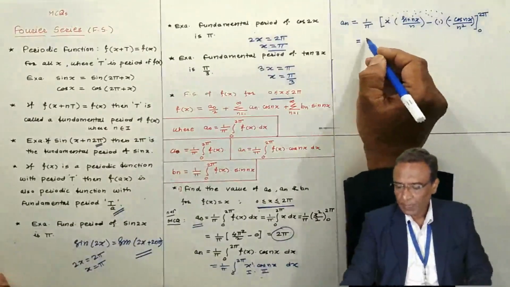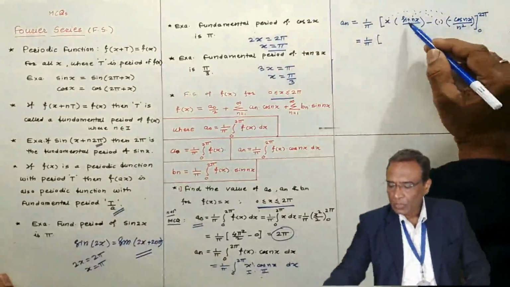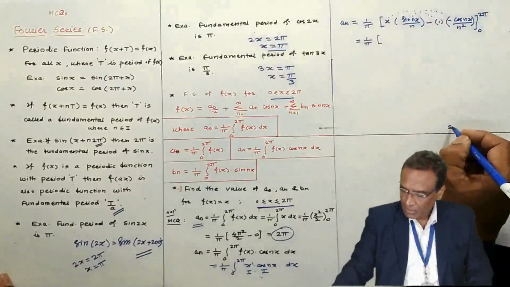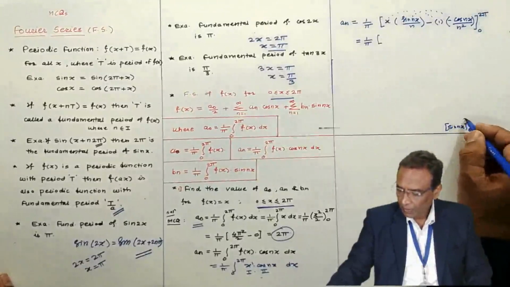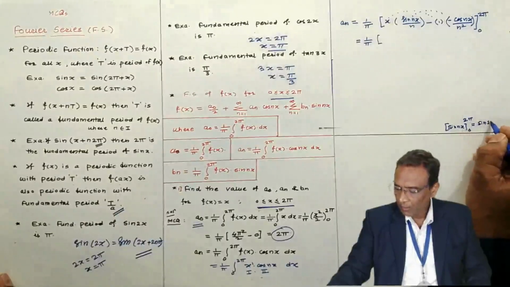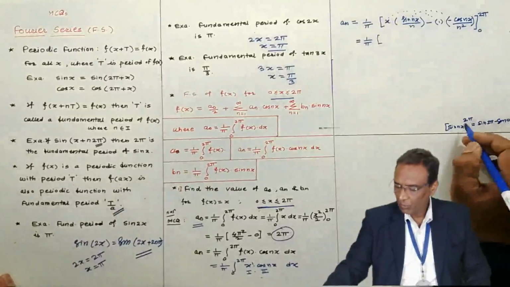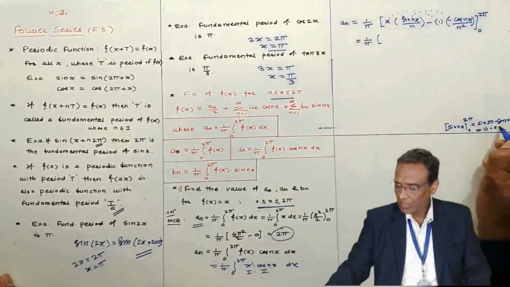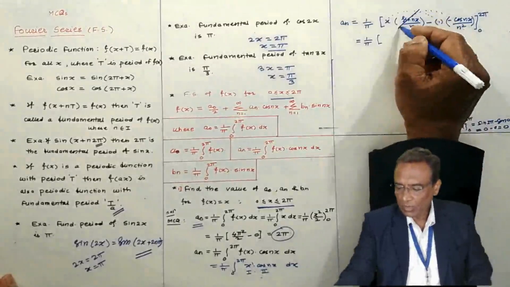So 1 by pi, the sine of nx from 0 to 2 pi: for the upper limit sine n 2 pi minus the lower limit sine 0, sine 2n pi is 0 and sine 0 is 0.